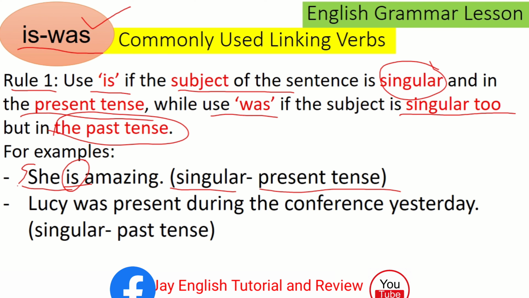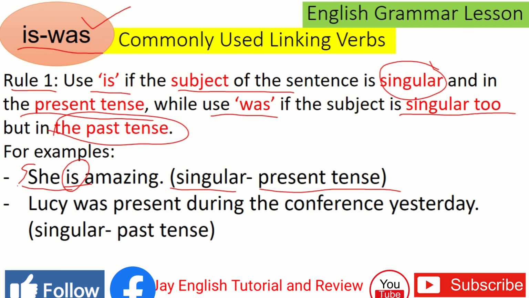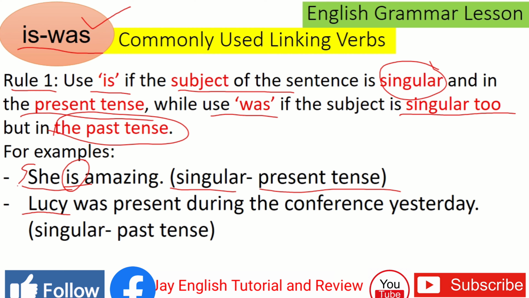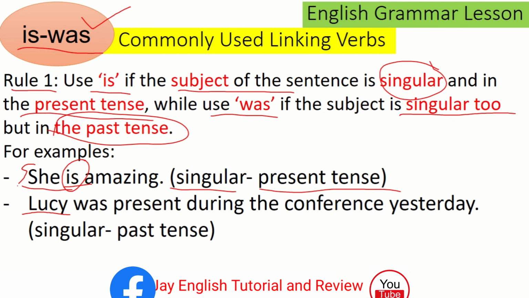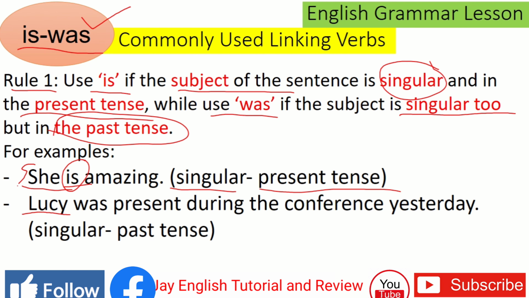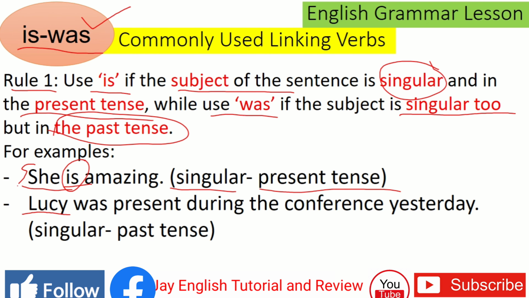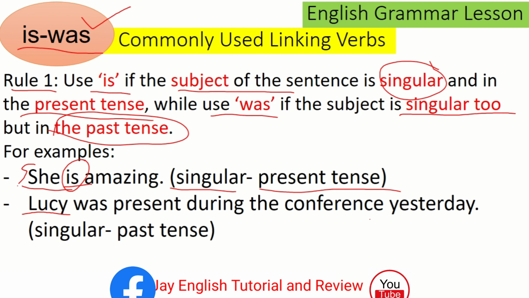Another example, Lucy was present during the conference yesterday. So we have right here another subject, Lucy, which is singular. It's just that the event already happened or took place in the past. It is because of the time element, or it is because of our adverb of time here, which is yesterday.